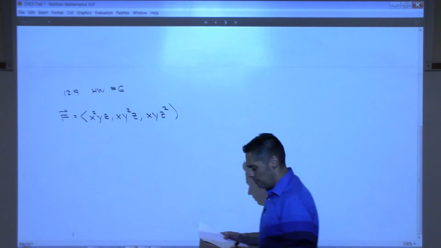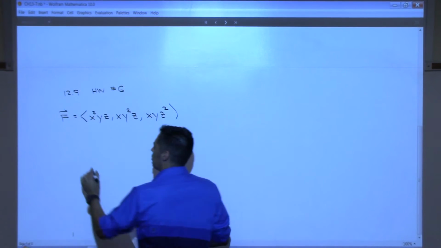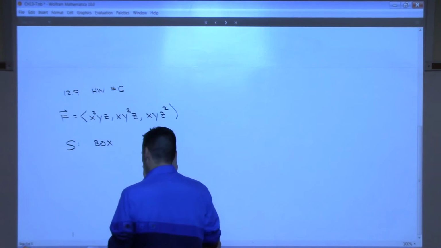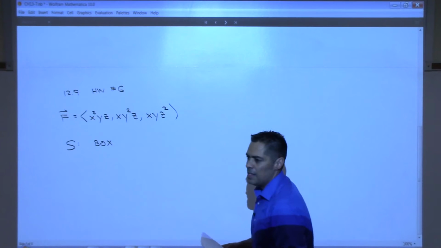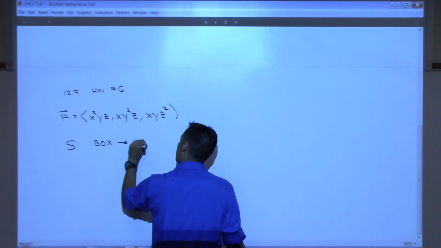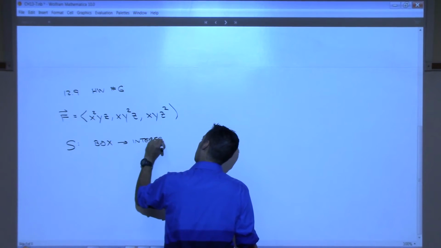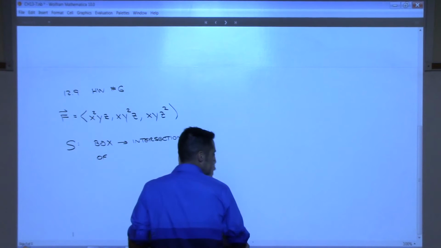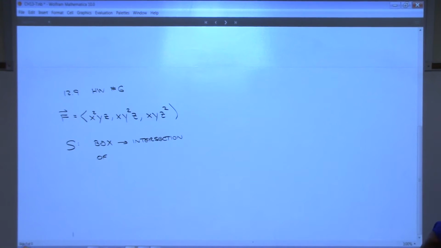That's your vector field. It's giving you a surface S, which is a box that is bounded by these planes.